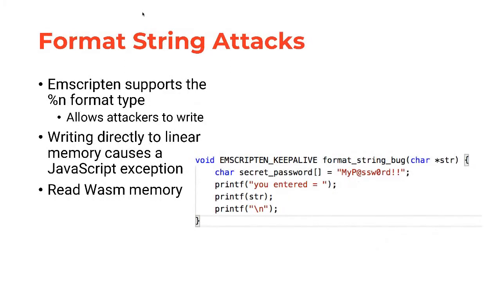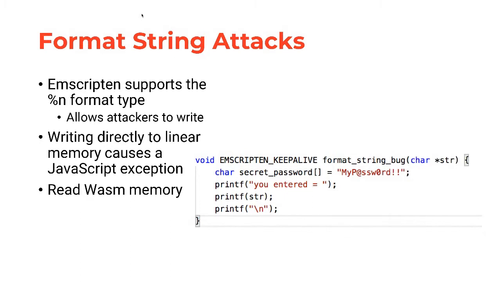So here's an example of a classic format string bug. You're allowed to use the %n, which allows you to write. So depending on the format string you control, there's different ways to attack it.